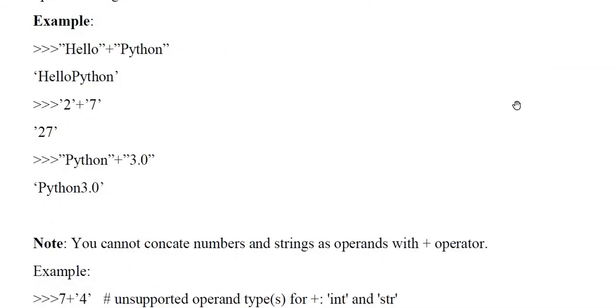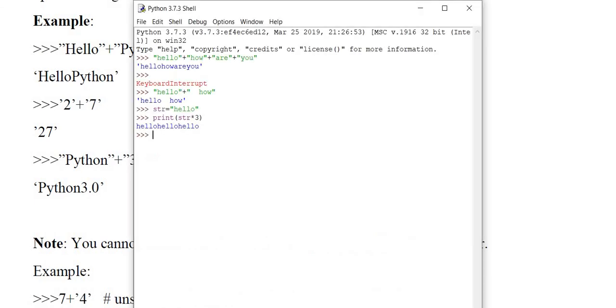Now there is one more thing, that you cannot concatenate a number and a string as operands with the plus operator. You can concatenate like this. If I write 1 plus hello, okay, because here 1 is considered a string because you mention it in quotes.